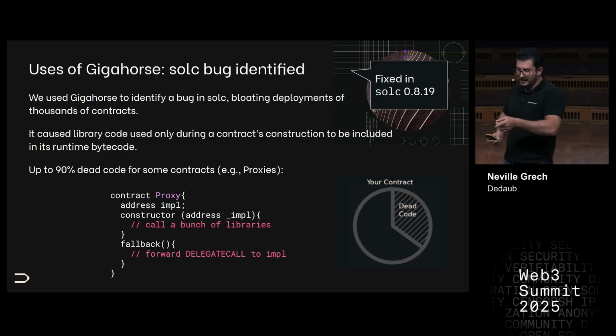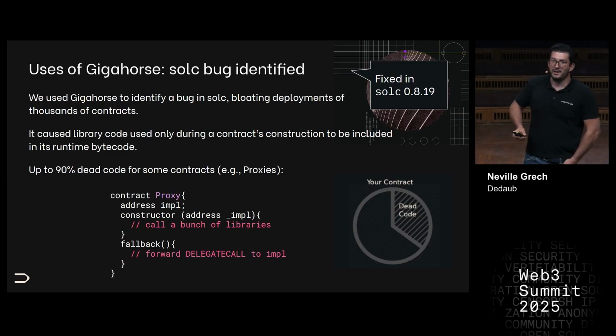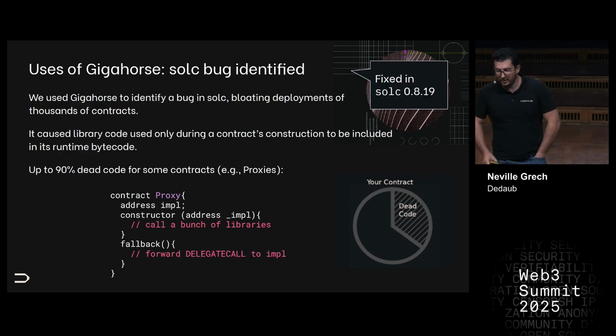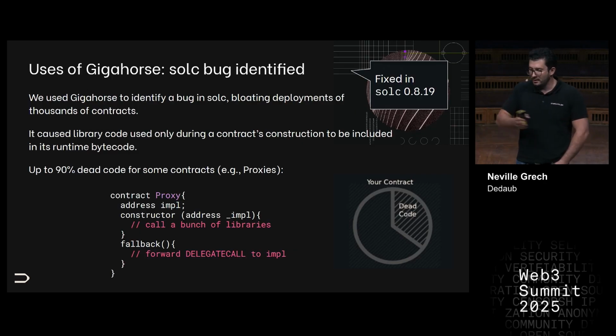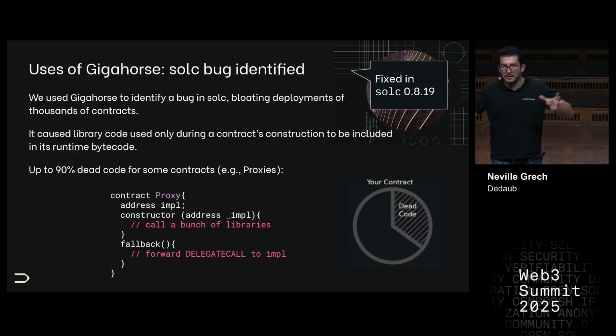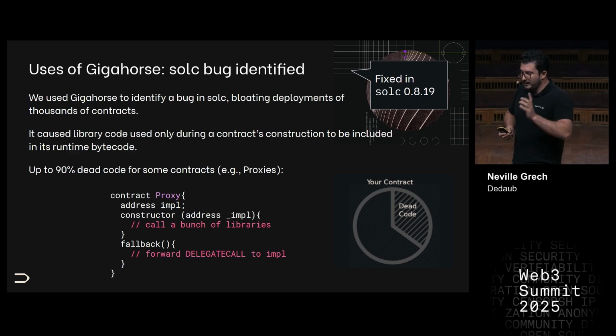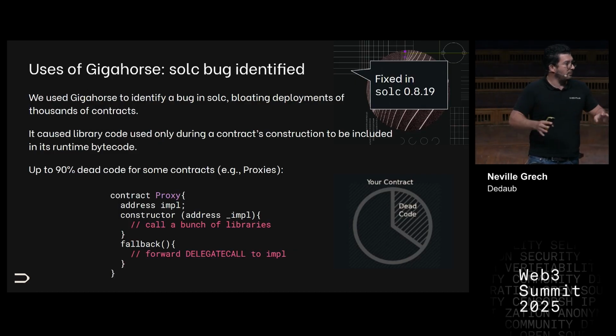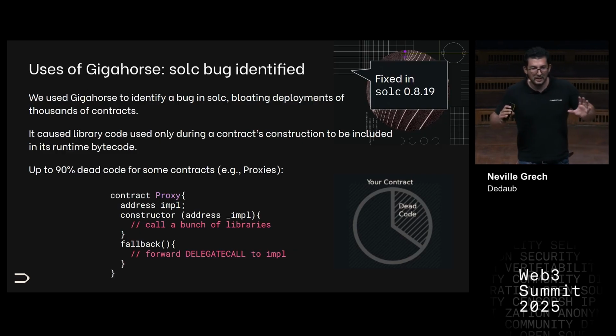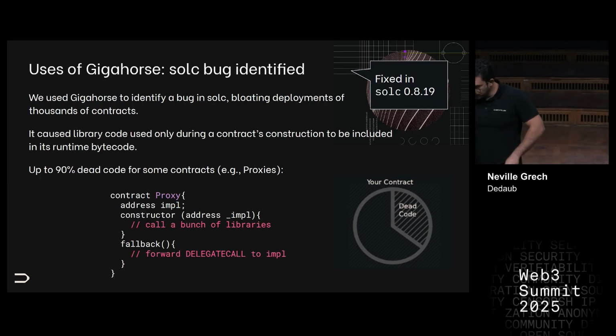It just so happens that the Solidity compiler had a bug, and any library that you used in the constructor, in many different versions of Solidity, I think from 0.7, also 0.8, had this problem. It was including code that didn't need to be there. So in practice, on average, 30% of the code ever deployed on Ethereum, within a certain time range, was effectively dead. It was there, and people paid the gas to deploy it, but it didn't need to be there. So then the Solidity team fixed that.